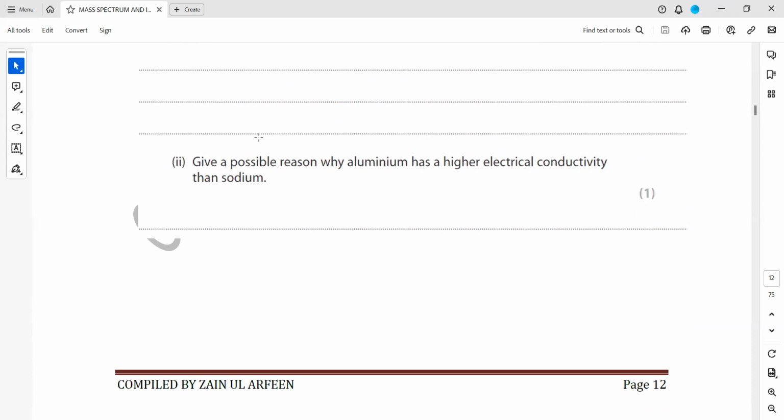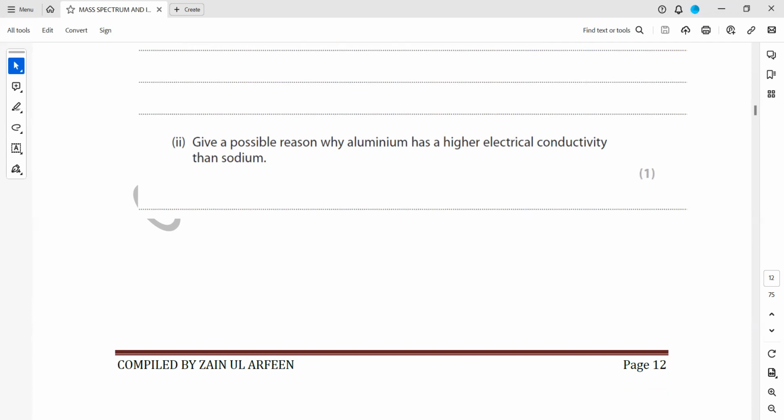Give a possible reason why aluminium has a higher electrical conductivity than sodium. So what is the reason the electrical conductivity of aluminium is much higher than that of sodium? Because aluminium loses 3 electrons, so it has more delocalized electrons than sodium per atom.